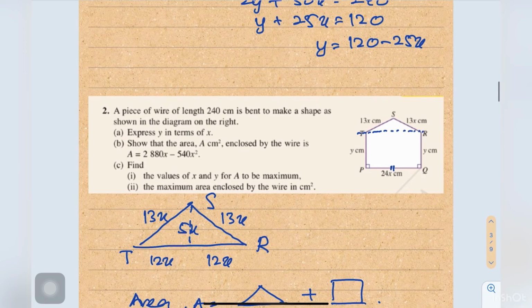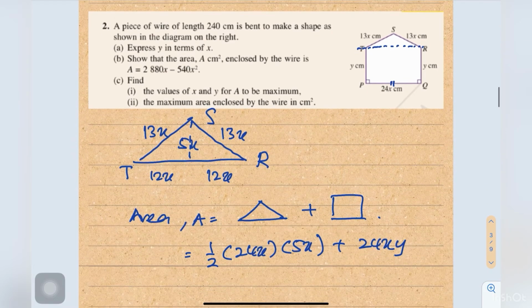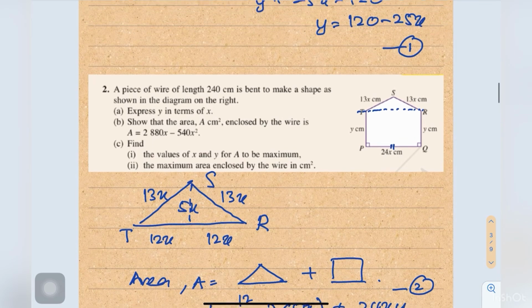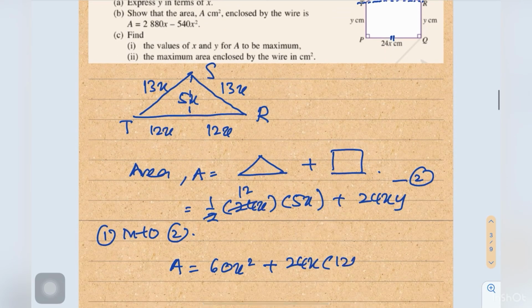So we substitute 1 into 2. Here the area is 60x squared plus 24x times y, which is 120 minus 25x.